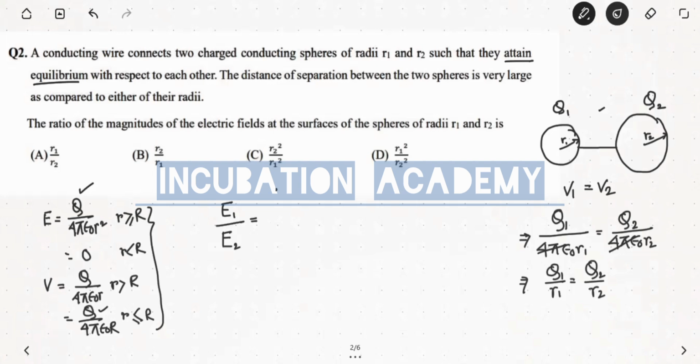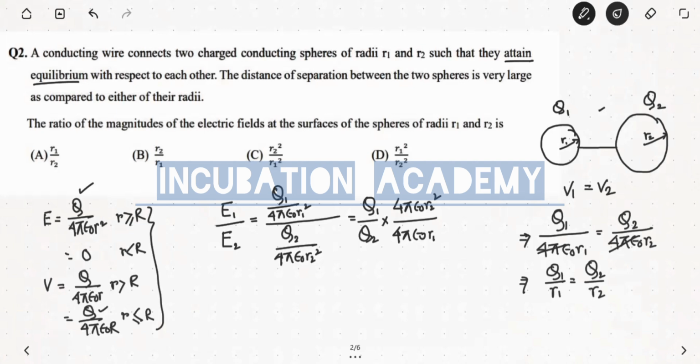So we can say that is Q1 divided by 4 pi epsilon naught r1 square, because small r1 is the radius here, over Q2 divided by 4 pi epsilon naught r2 square. This becomes Q1 divided by Q2 multiplied by 4 pi epsilon naught r2 square divided by 4 pi epsilon naught r1 square.